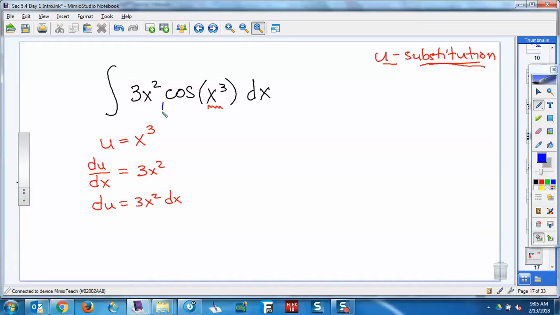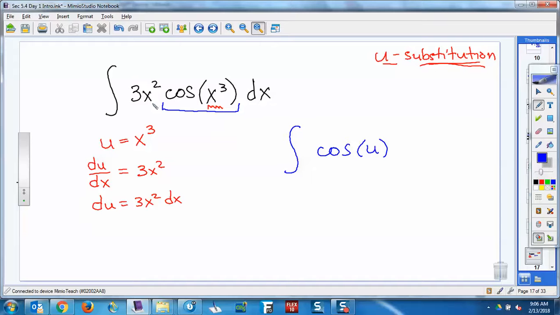They all have to come out. The 3 can stay, or the cosine can stay, or whatever. But we have to take out all the x's. So instead of cosine x cubed, I'm going to have cosine of u. So all the x's have to come out, and equivalent u's are going to go in their place. So the x cubed has to come out, u comes in.